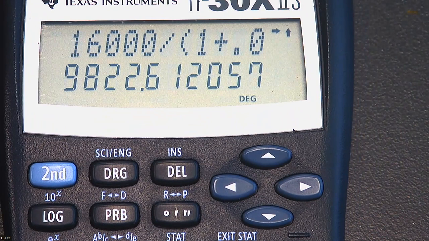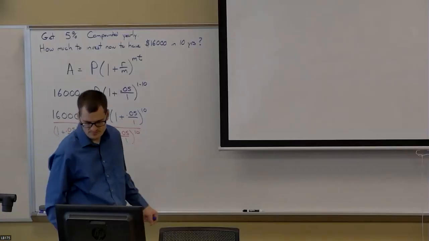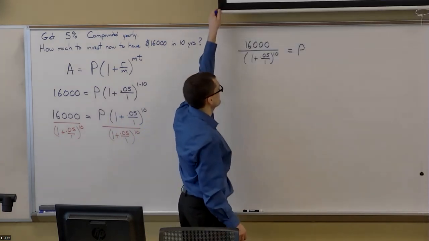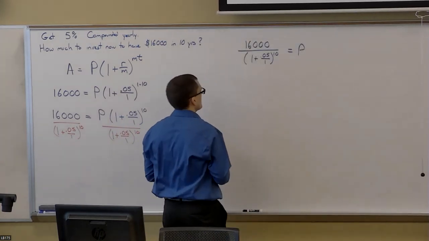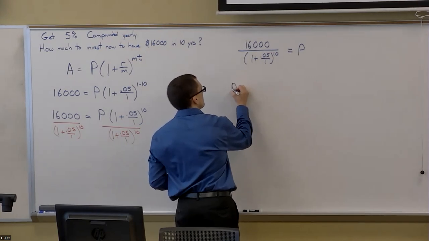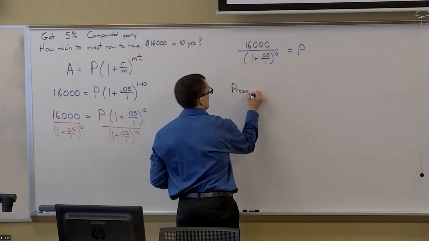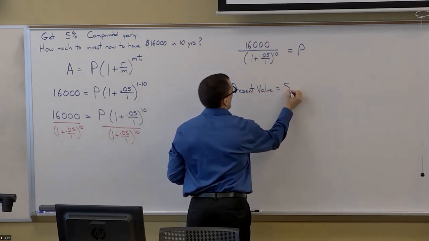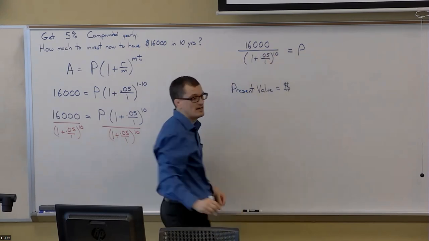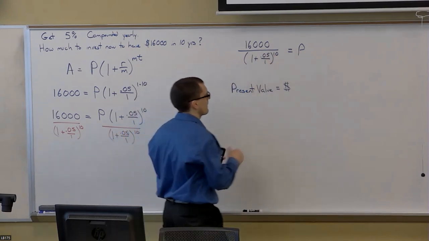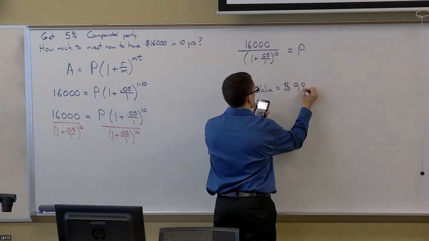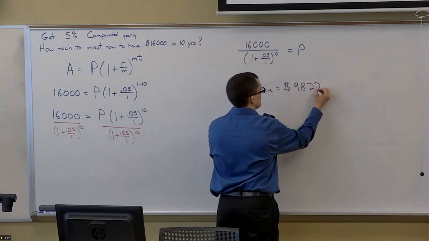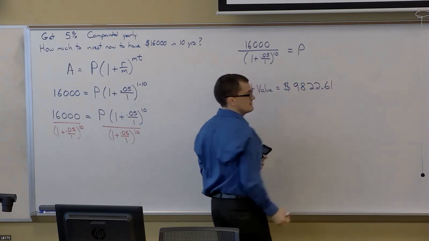So 9822.61, rounding to 2 decimal places. So the present value of $16,000 in the future is $9,822.61.